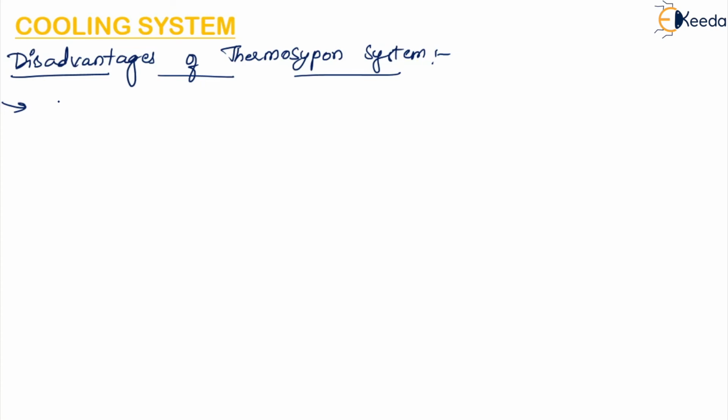So as the circulation of the coolant is maintained by natural convection only, the cooling of this system is slow.